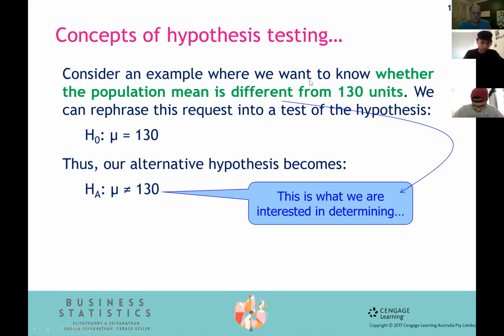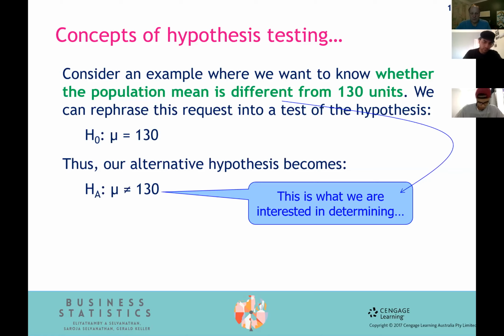Consider an example where we want to know whether a population mean is different from 130 units. In other words, maybe you buy a chocolate that's 130 grams. And we now want to know, if I test 100 chocolates, is the average weight of them 130, or are they not 130?